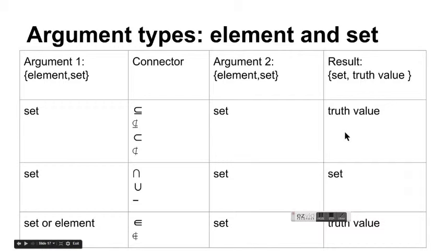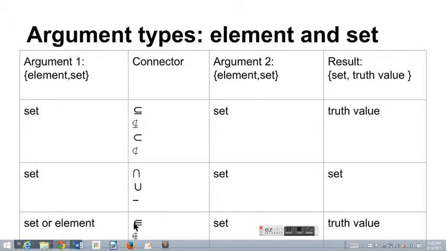What I mean by truth value is the result will be true or false. We can say A is a subset of B, and we have a truth value whether this statement is true or not. Okay, and we have other connectors as well, the operators between sets: intersection, union, difference. The arguments of these connectors will be sets as well. Okay, and the result is a set.